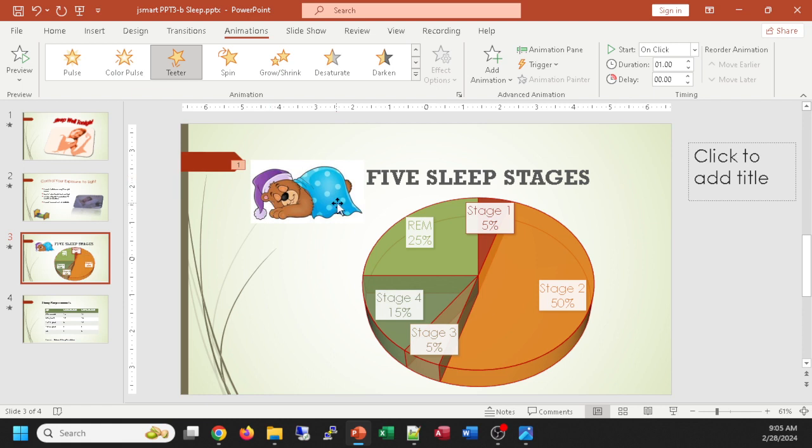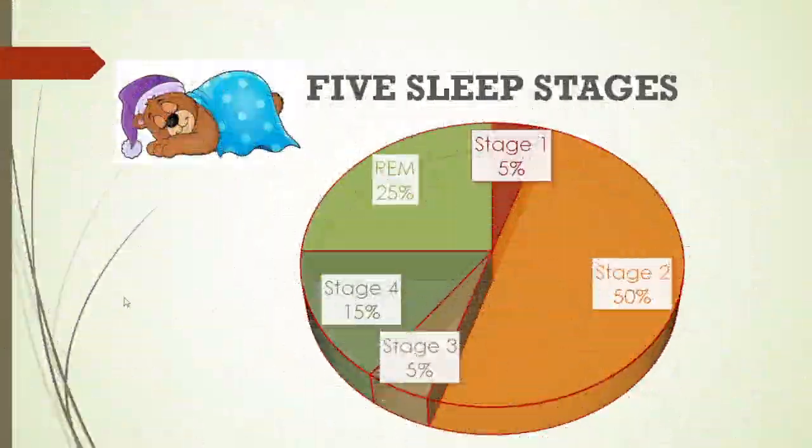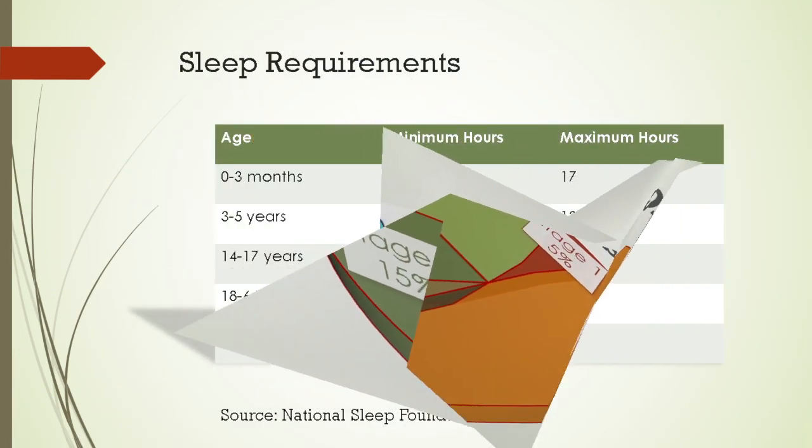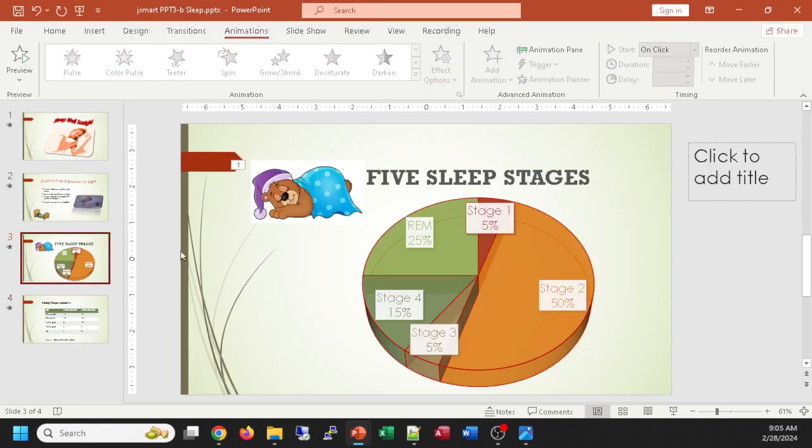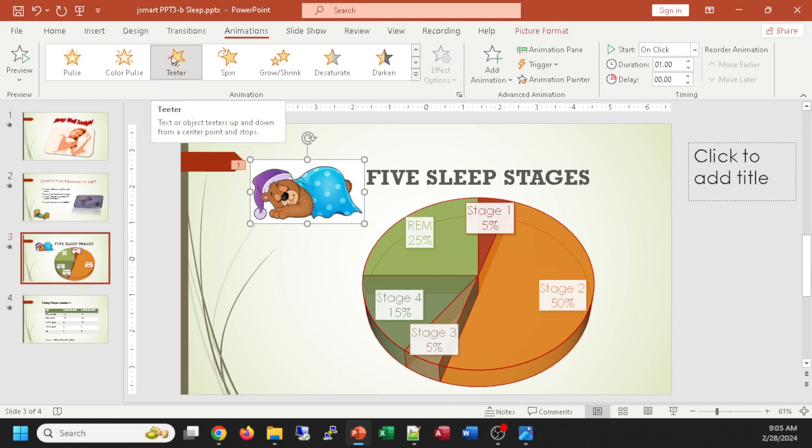Now, right now, when I play the slide, I get the entrance of it, and it waits for a click and will teeter that bear once, and then the next click will take me to the next slide. I want that bear to teeter any time that I click on that bear. So I've added an emphasis animation, but I would like it to trigger that animation every time I click on it.